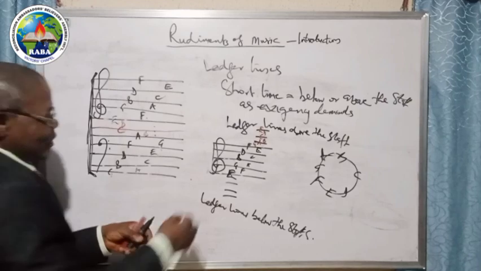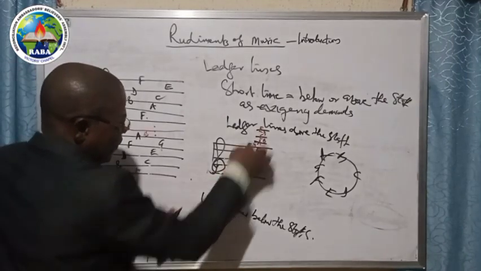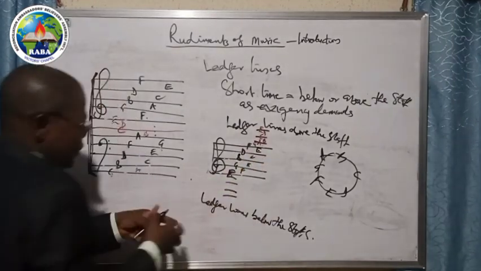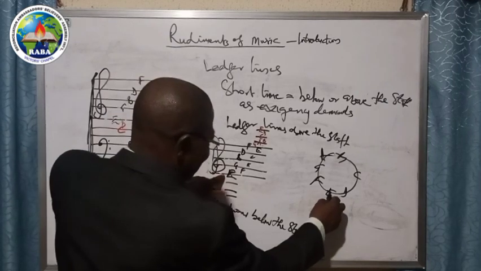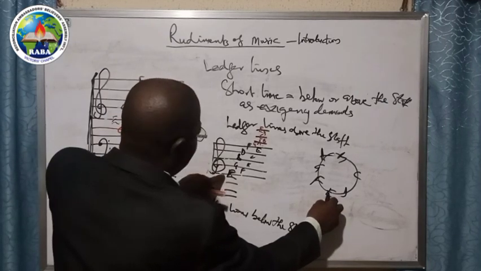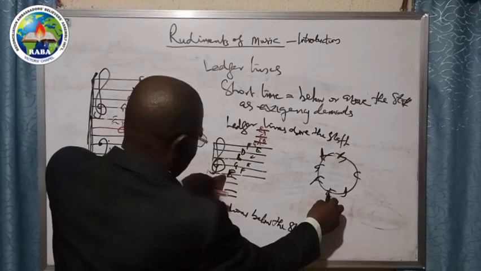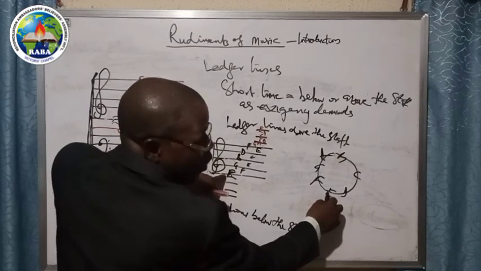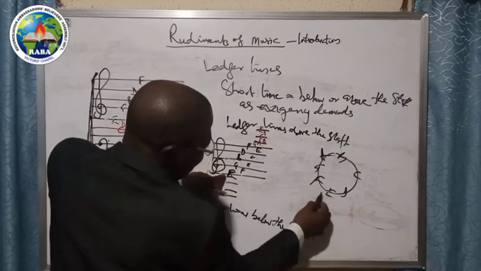In which case, it will not be from E to G, but from D again. So you have to come down. Now that this E is a line, then the next one, because we are coming counterclockwise, is not this one, is this one now.